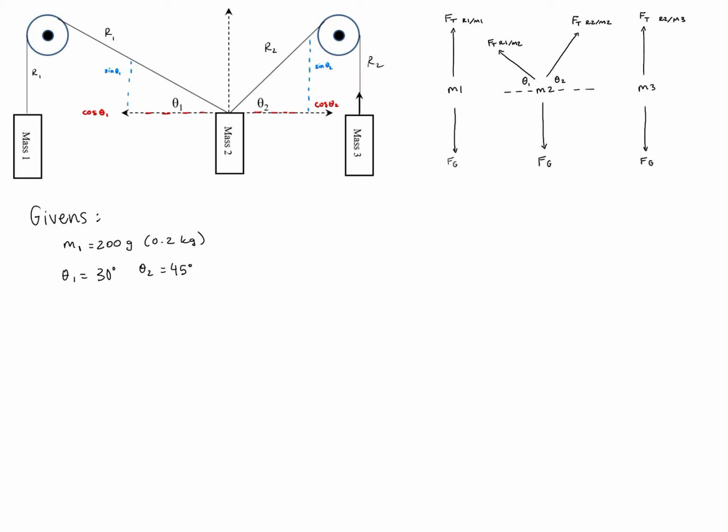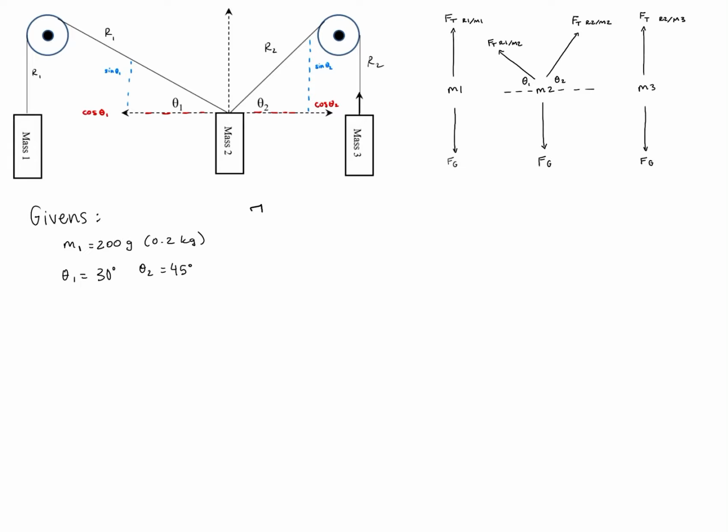So starting with mass 1, there's nothing in the x direction, but in the y direction we have force tension going up and then force gravity going down.